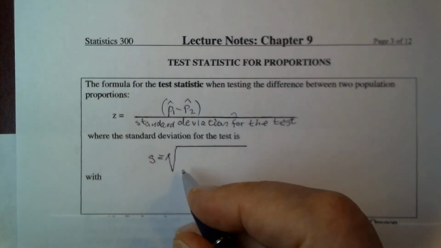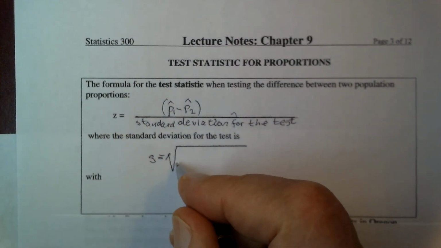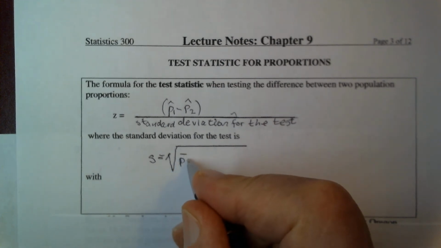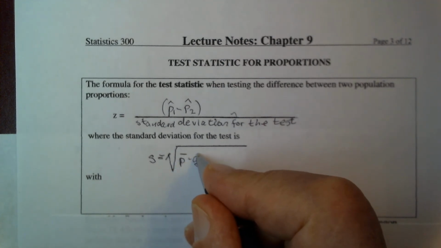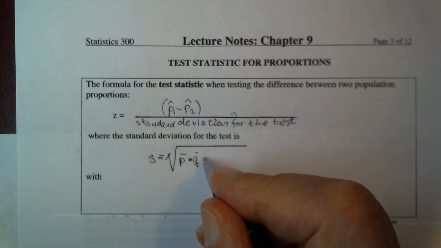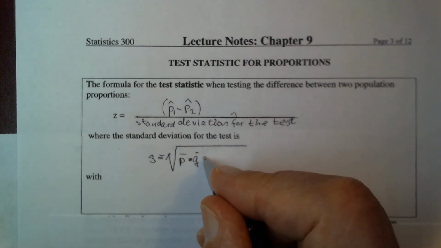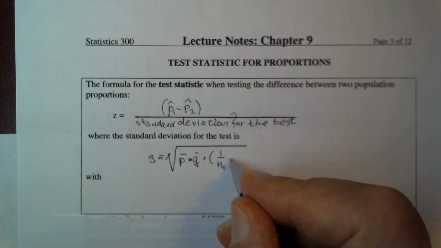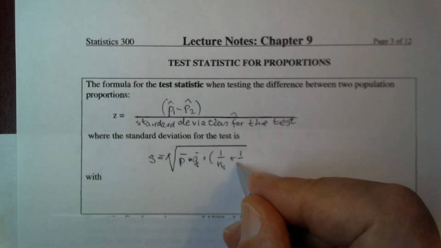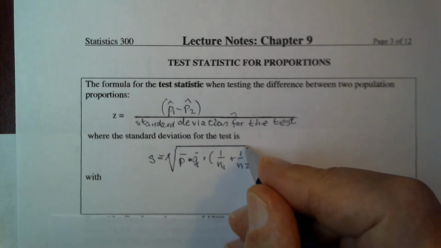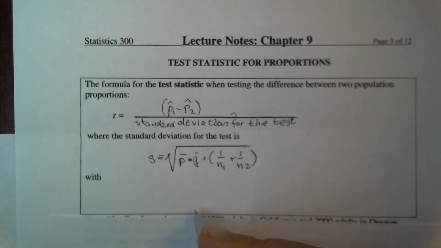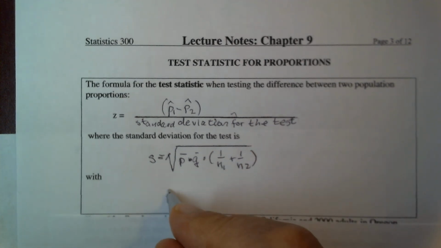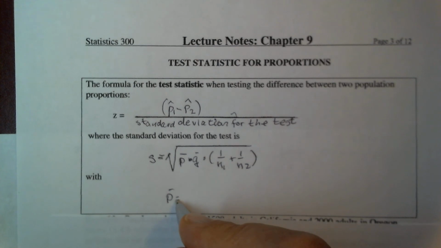So the standard deviation is equal to the square root of P bar times Q bar times 1 divided by N sub 1 plus 1 divided by N sub 2, and where we had defined P bar as the pooled proportion on the previous page.